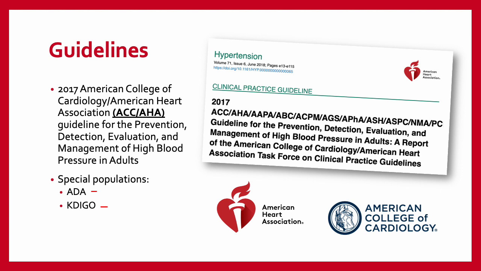And there was also a 2021 update to these guidelines too. They made a special statement regarding patients with stage 1 hypertension and that we should start them on therapy a little earlier than previously, but we'll talk about that when we get to the actual slide on when to initiate therapy for patients with hypertension.